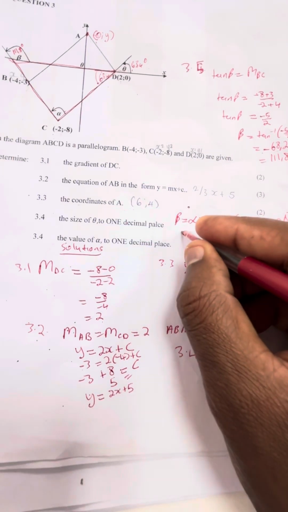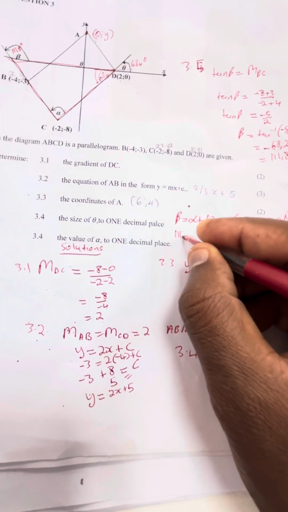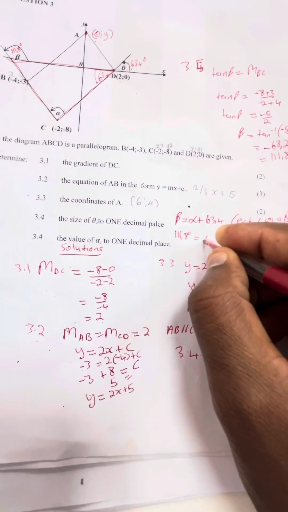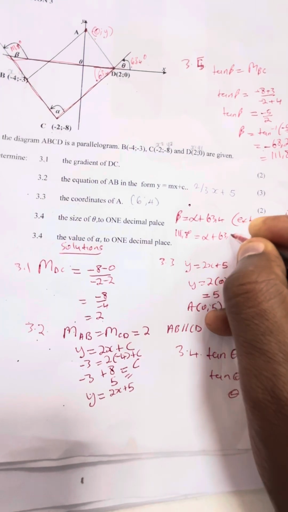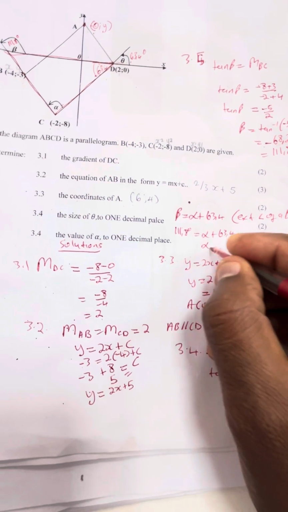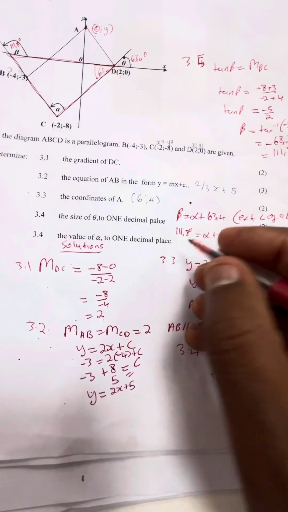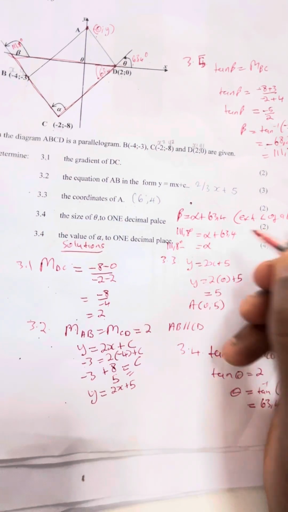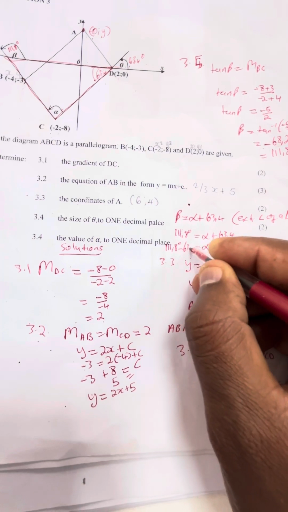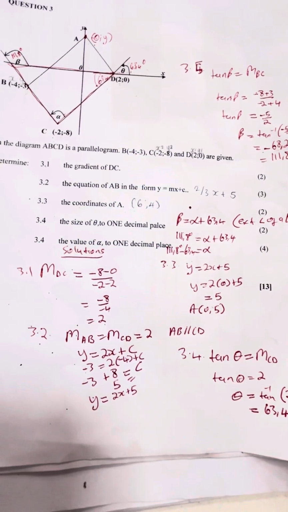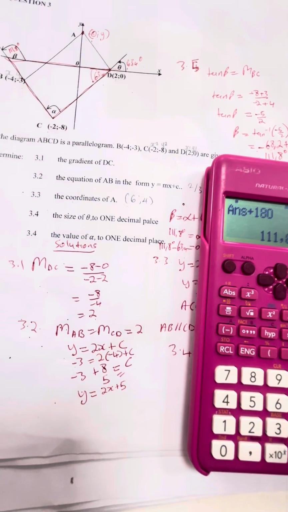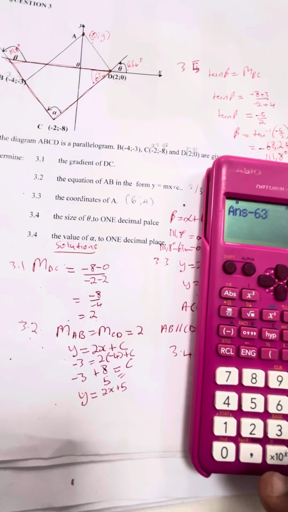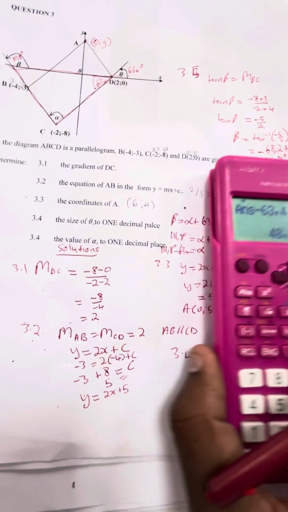So now you substitute beta, it's 111.8 degrees equals alpha plus 63.4. So our alpha in this case will be equal to 111.8 degrees minus 63.4. So let's say minus 63.4. And then we're getting what?